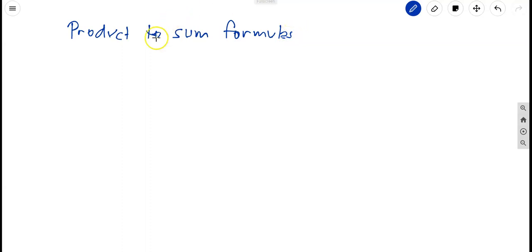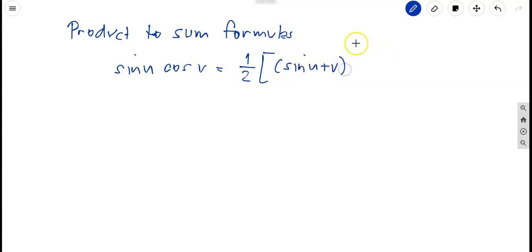The first one is sine u cosine v is equal to 1 over 2 times sine u plus v plus sine u minus v.